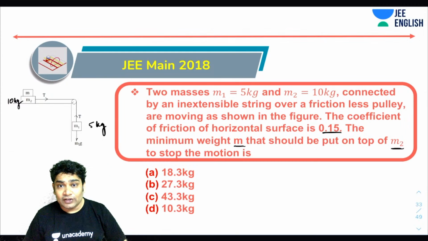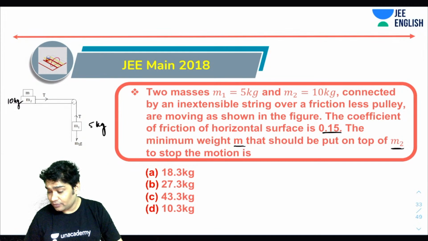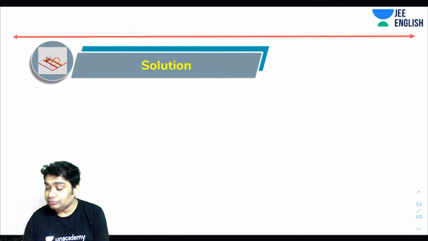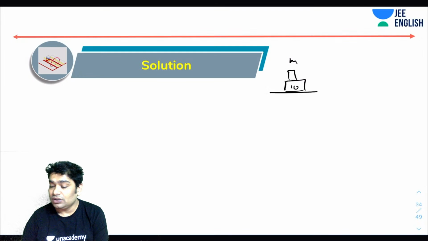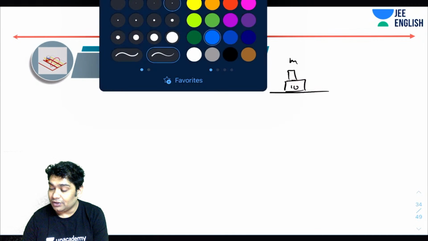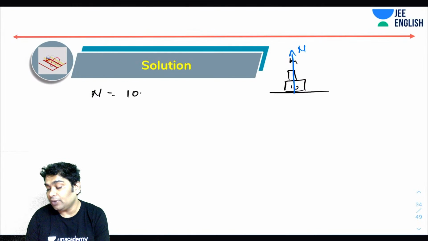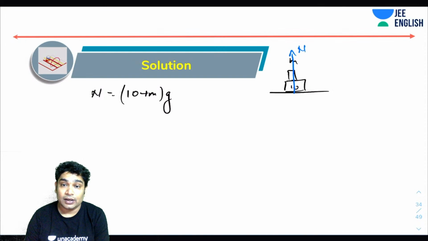So anybody solving this? Think about it. What must be happening? If you kept M here, with the 10 kg, the N from the ground would have become N equals 10 plus M times g, correct?